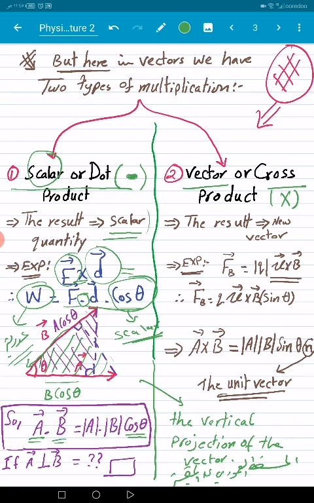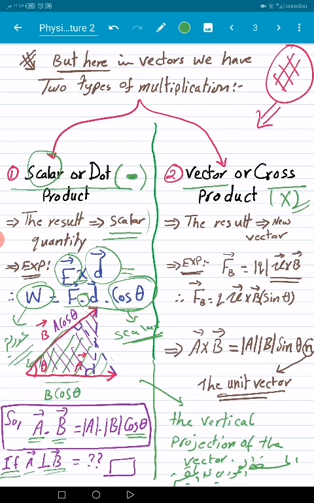Okay, if vector A is perpendicular to vector B, what is the result? Think about it and we can answer it later on after I finish another type. It is the vector or cross product.